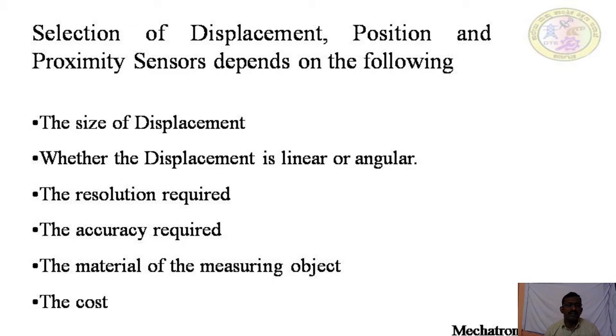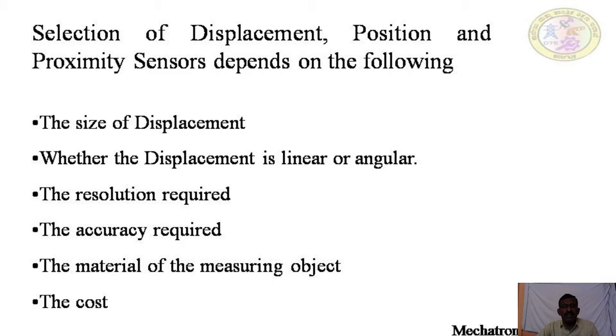Accuracy is an important parameter in a measurement system. It's a value which is very close to the exact value, so accuracy is a very important phenomenon in a measurement system, based on which we can go for the selection of sensors. The materials of the measuring object.